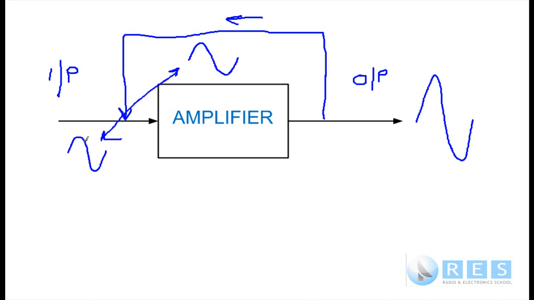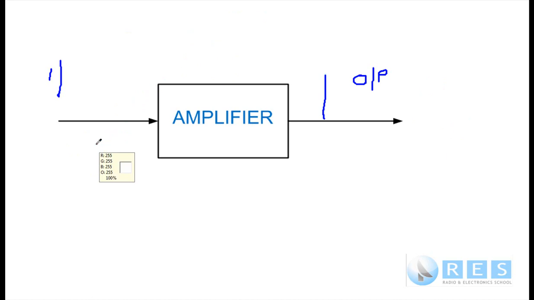In phase means they follow each other. So the feedback signal is enhancing the input signal. When that happens, when we have positive feedback in an amplifier, either deliberately or unintentionally, the amplifier becomes an oscillator. It will oscillate. It no longer amplifies, it howls.